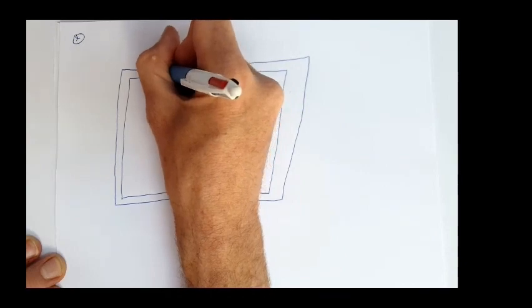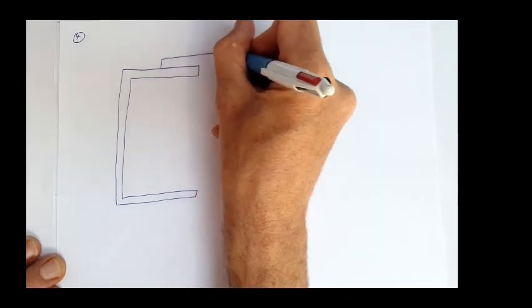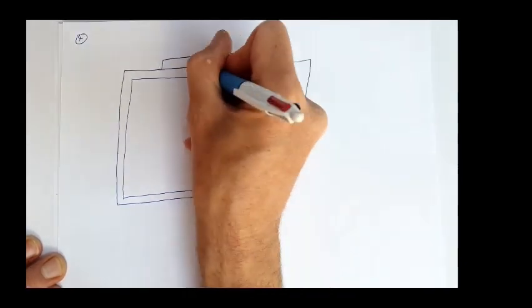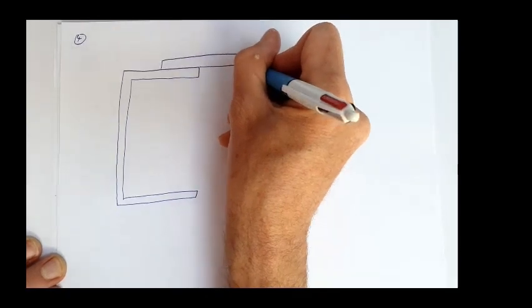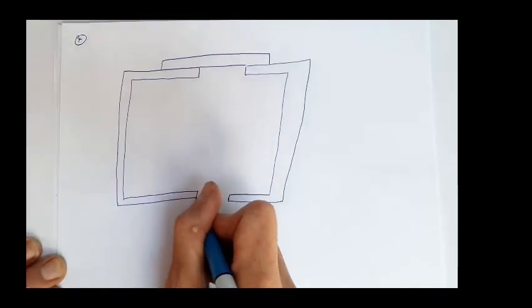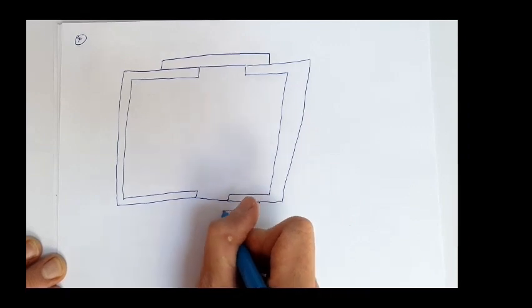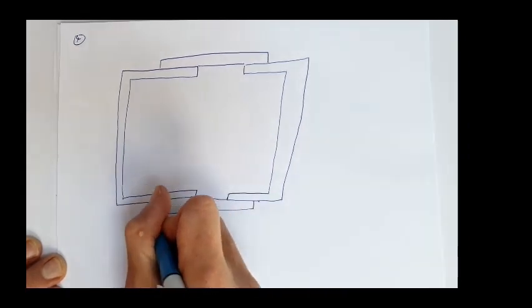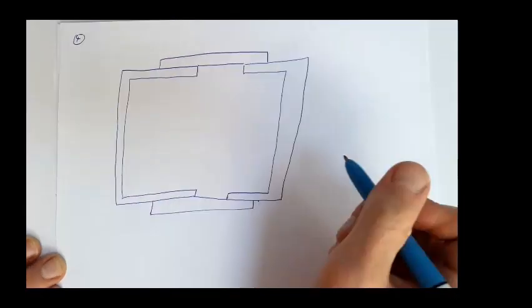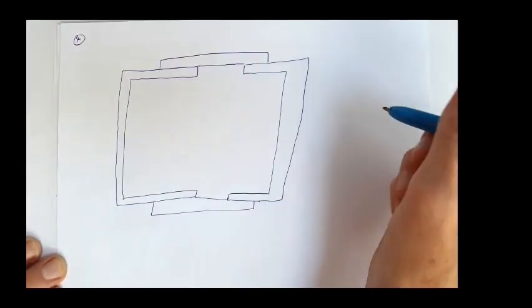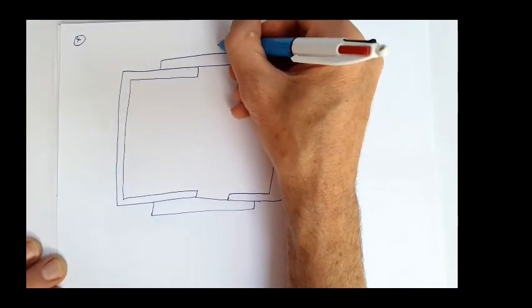Those are then connected with 2 plates. So we've got one plate on the top, and another plate on the bottom. So we're asked to calculate how far apart those plates need to be.